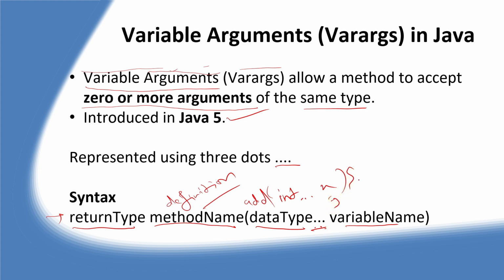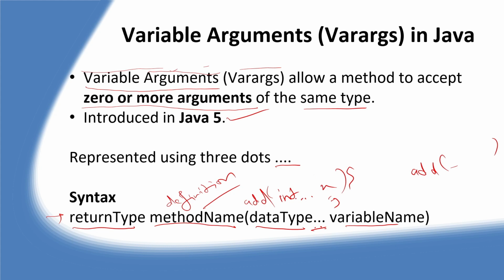Now if we call this method, how do we call it? By the method name add, and inside the method call we will have arguments. Before this, instead of using 3 dots, we were simply writing 1 parameter or 2 parameters in the method definition.